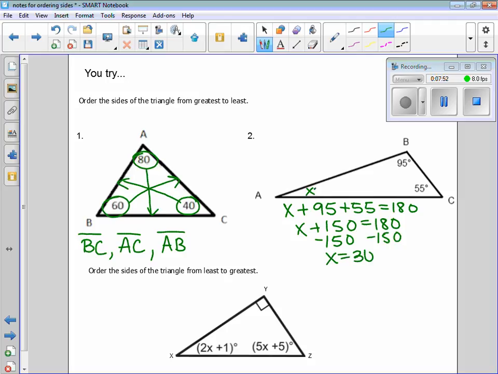So angle A is 30 degrees. Now we have all 3 angle measures, so we can order the sides from greatest to least. My biggest side is AC. Next is angle C, 55, so my next side would be AB. Angle A is the smallest angle, so the smallest side is BC.